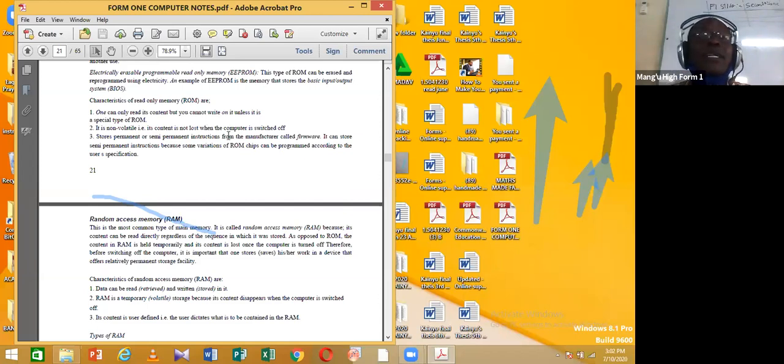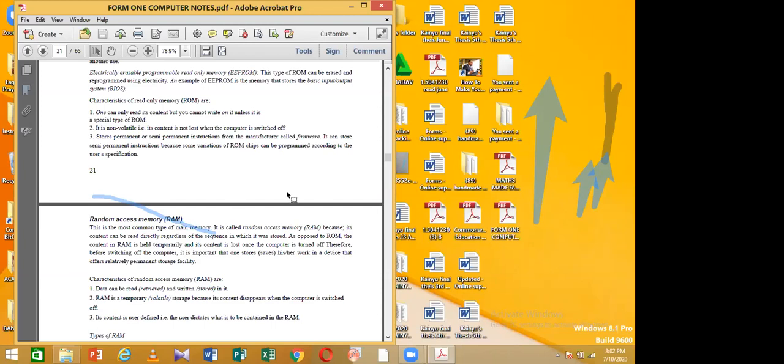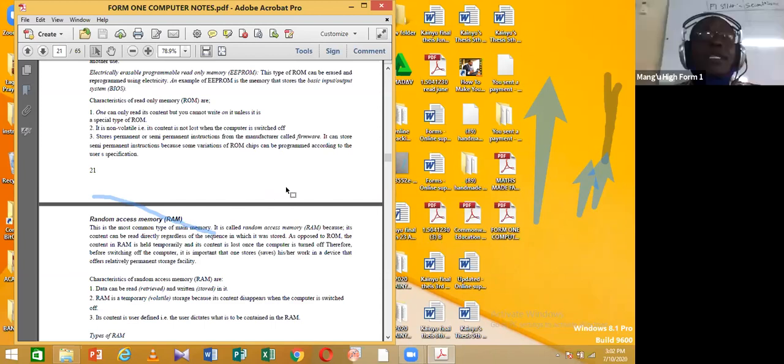That's point number 1. Number 2, it's non-volatile. Non-volatile here means when power goes, the data still remains. As you will see with RAM, when power goes, the data is lost, but in ROM the content remains.